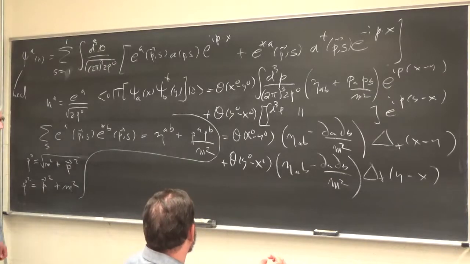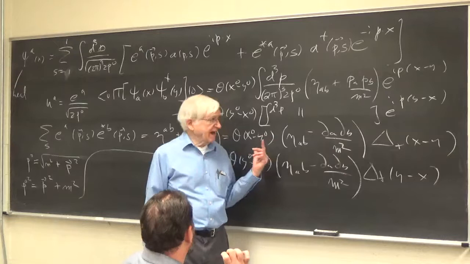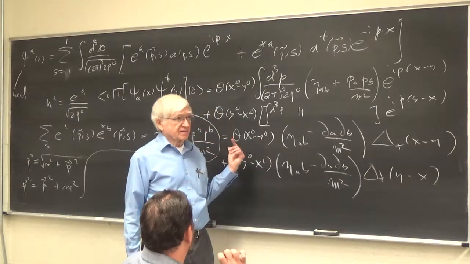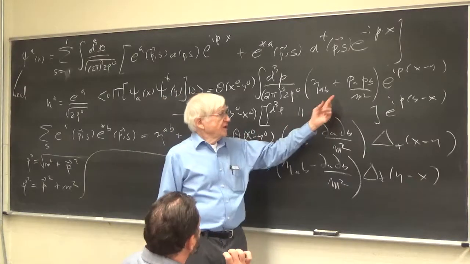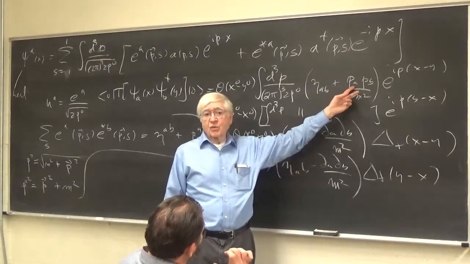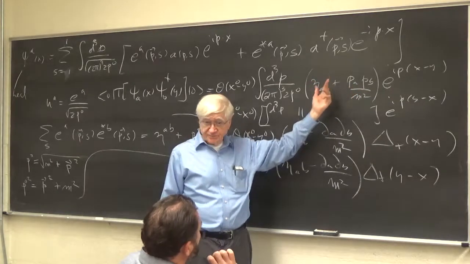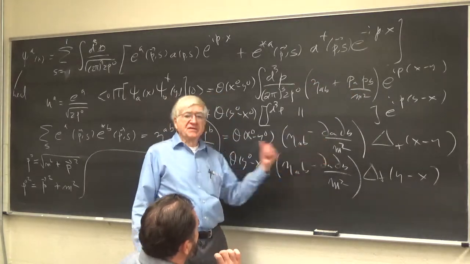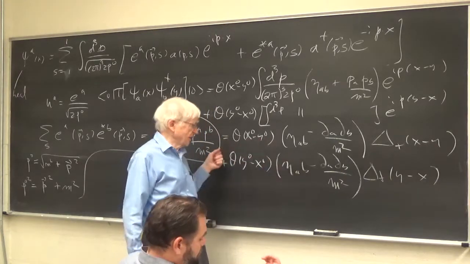We had this problem for the case of spin 1/2 on Tuesday, but in that case we just had a linear p slash, so we only had one time derivative that we were pulling across.